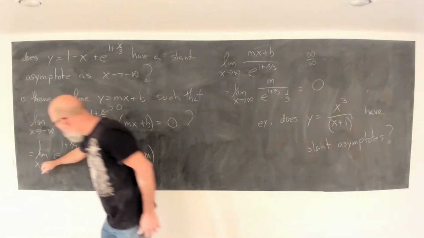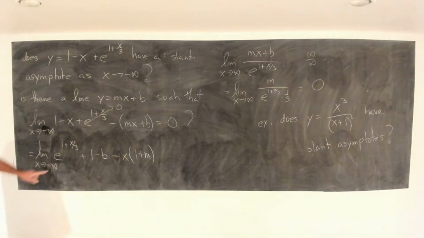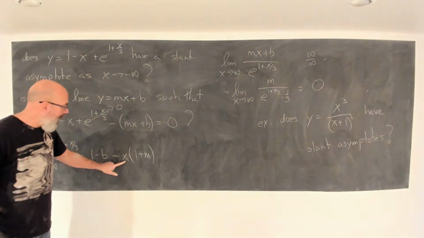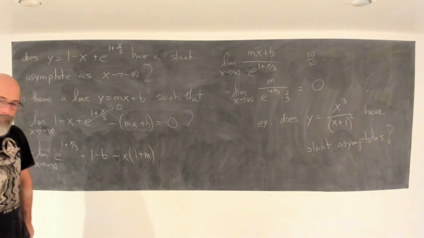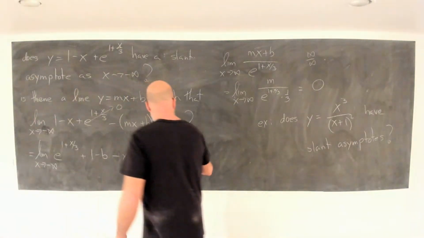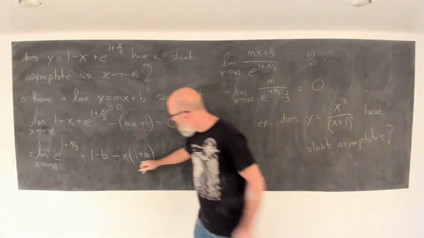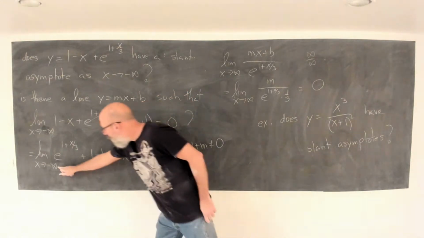So limit as x goes to negative infinity. Now, as x goes to negative infinity, this goes to 0, so that's not of any concern. If 1 plus m is not 0, then this limit will be some sort of infinity.